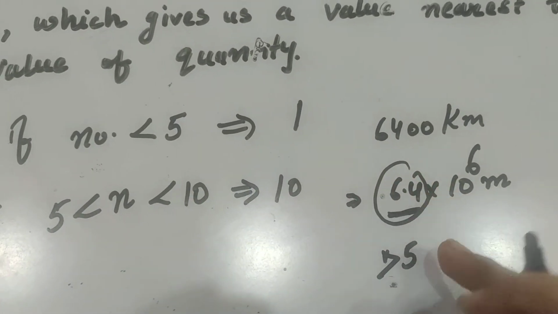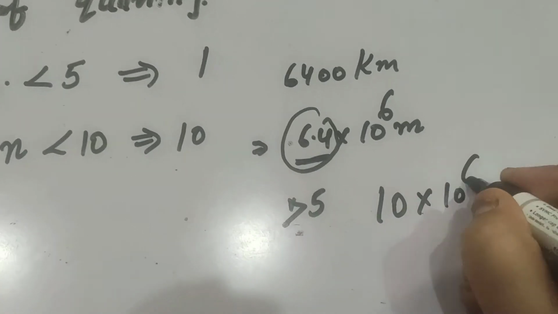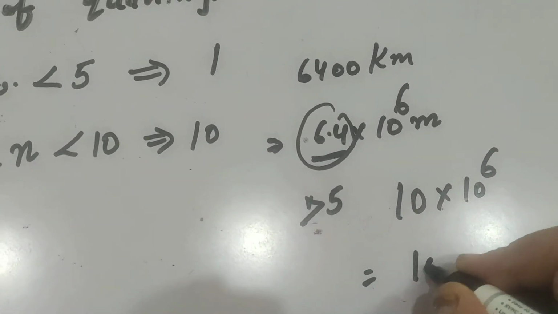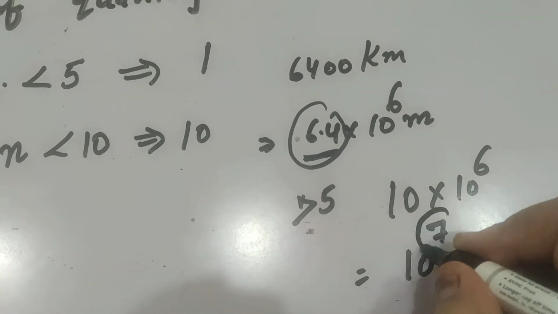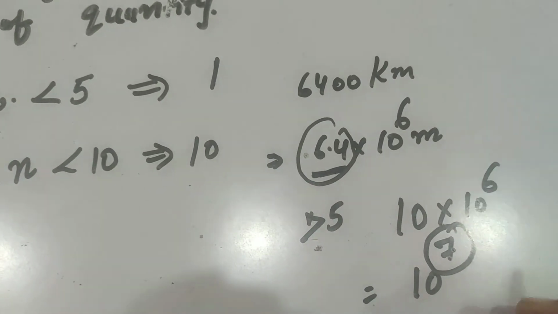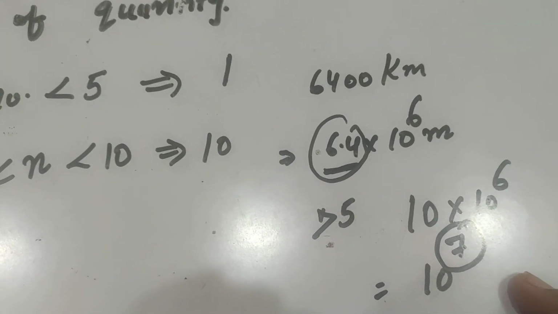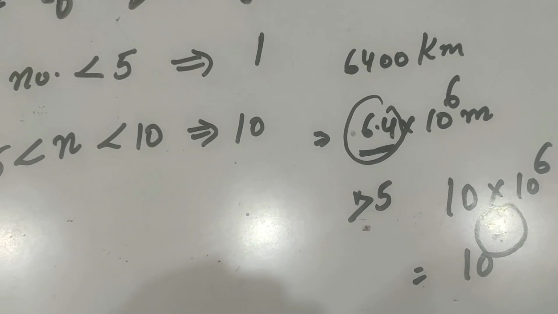So this 6.4 will be replaced by 10, and 10 raised to power 6 is already there. So the power that we get is 10 raised to power 7. So the order of magnitude of the radius of earth is 7. It means the radius is of the order of 10 raised to power 7.